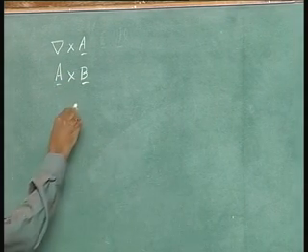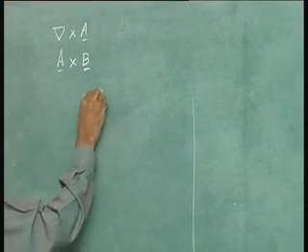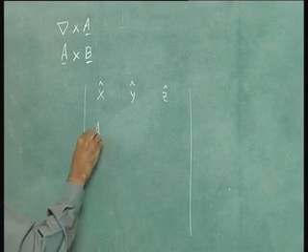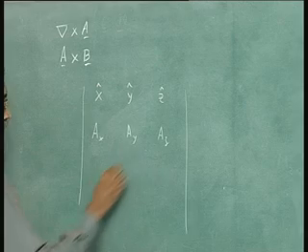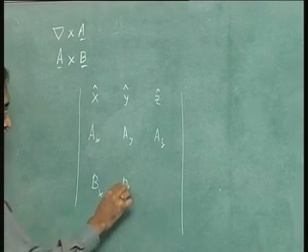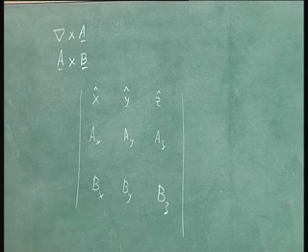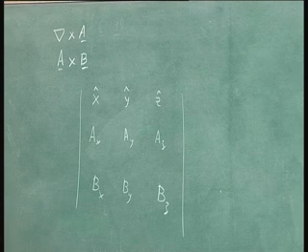As you know, what we do is we write the determinant of a matrix: x hat, y hat, z hat; ax, ay, az; bx, by, bz. And then we have a standard way of writing down what the determinant is. But let us look at what a determinant really is.